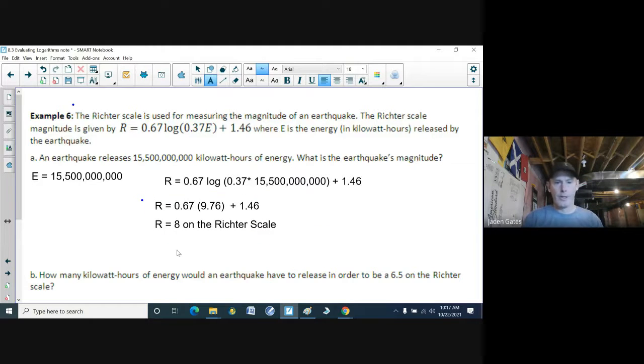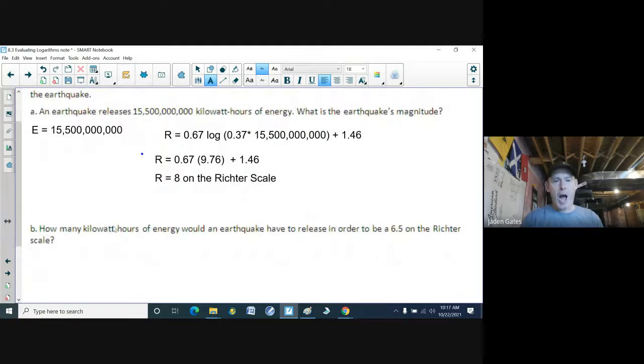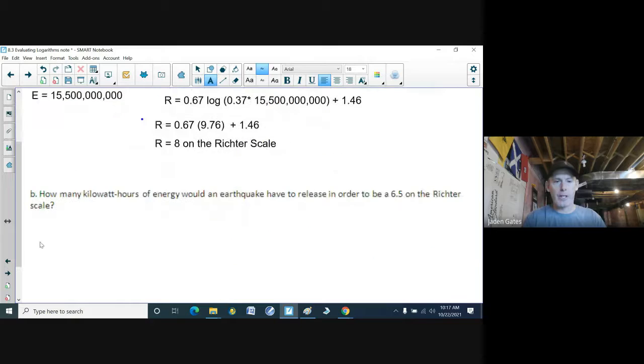There we go. Now, we're going to work the other way here. How many kilowatt hours of energy would an earthquake have to release in order to be a 6.5 on the Richter scale? We have our formula up here, but this is what we're looking for this time. We want to know how much energy is required for a 6.5 on the Richter scale. So it's the E we're trying to find.